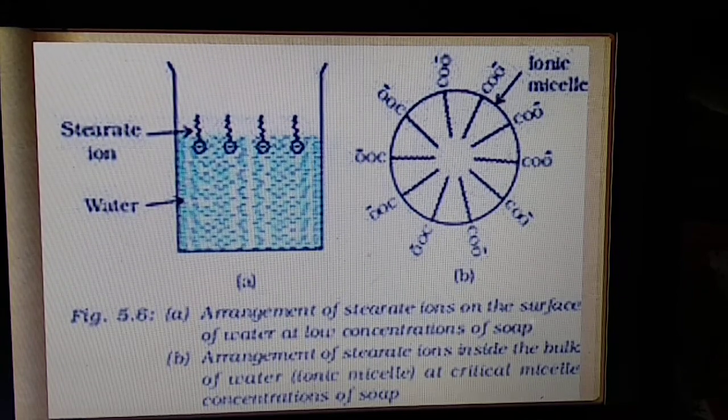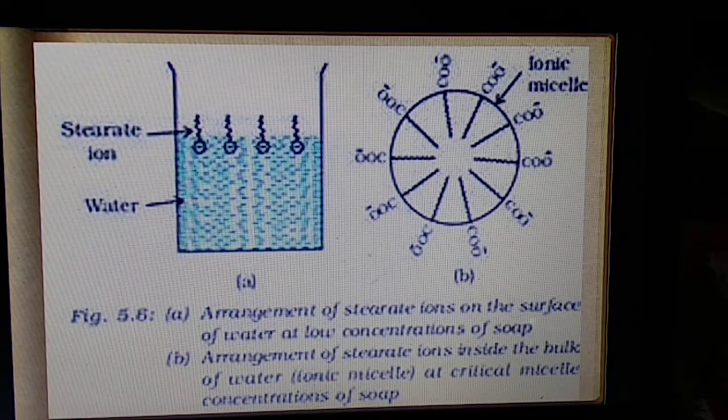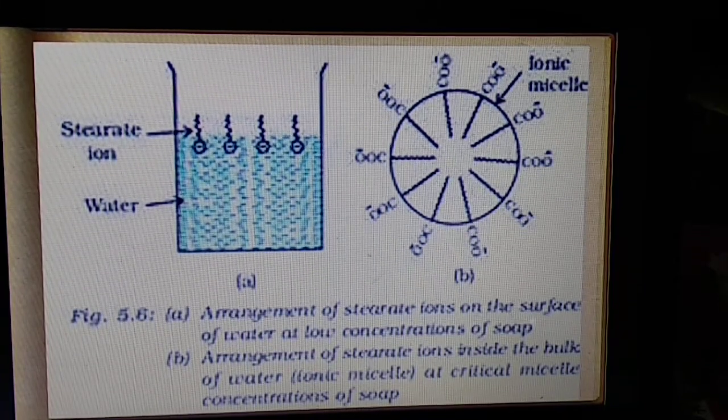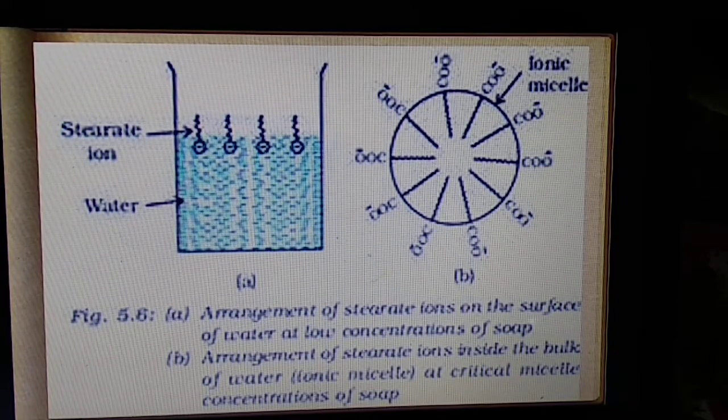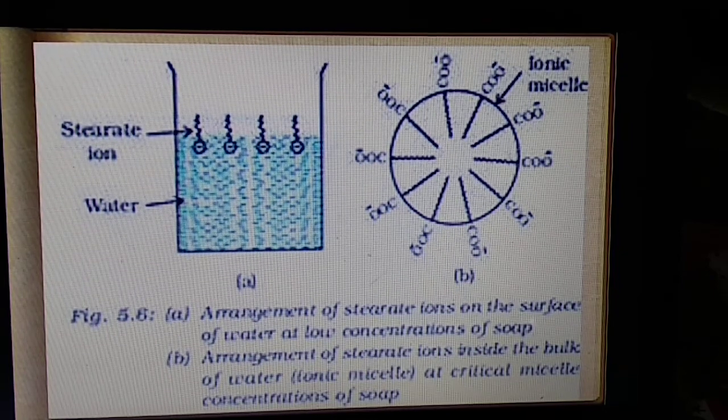So students, what have we learned? We have learned colloids, the definition, the classification of colloids on the basis of the attraction between the dispersed phase and the dispersion medium, and the classification of colloids on the basis of the particle size of the dispersed phase. We have learned about the different types of colloids: macromolecular colloids, multimolecular colloids, and associated colloids.